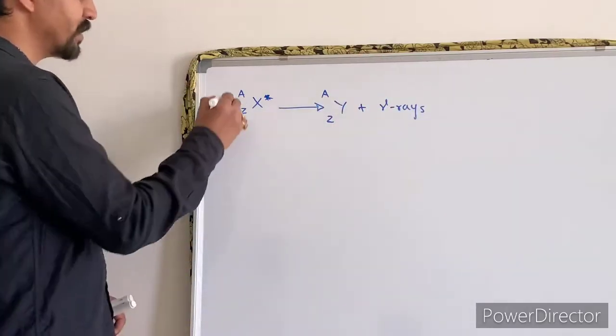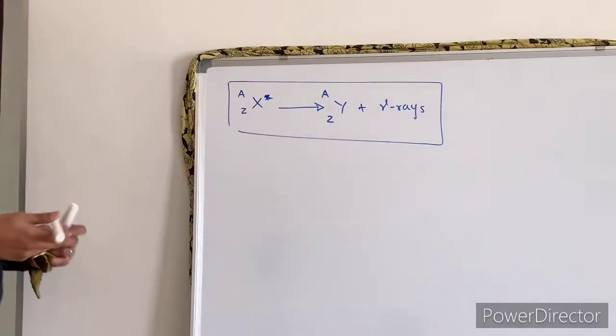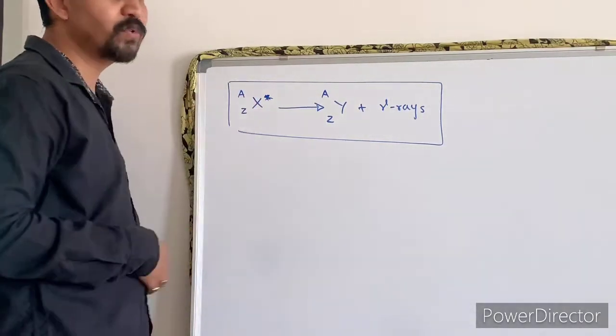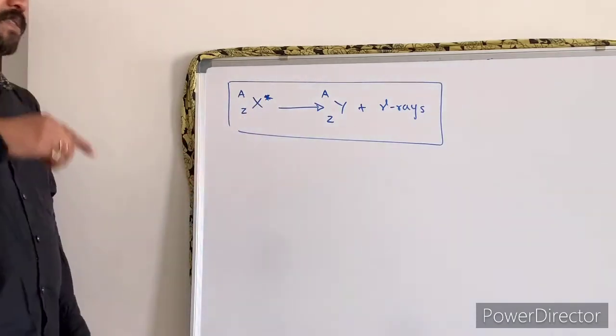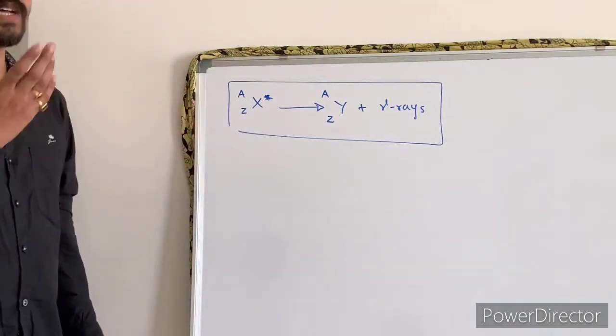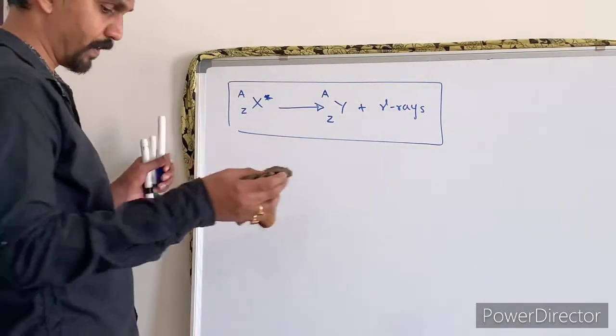So when this gamma emission happens there is no change in atomic and mass number. Only the extra energy is released, and therefore you get a new element whose atomic number remains same, mass number also remains same. Only the asterisk is removed. That shows that it was highly unstable. Right? This is about this part.